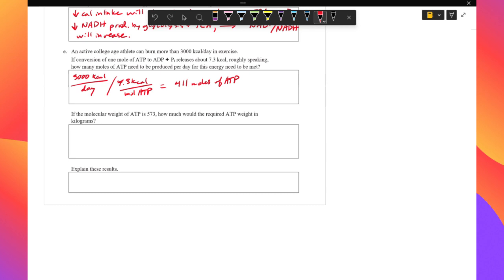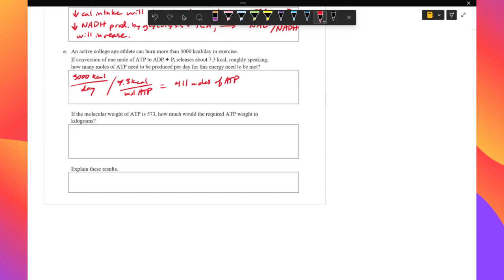If the molecular weight of ATP is 573, so I presume this is grams per mole? Unclear. How much would the required ATP weigh in kilograms? Yeah, unfortunately, I think we're missing some units in here. So if you got confused by this one, don't worry. There's a reason for that.